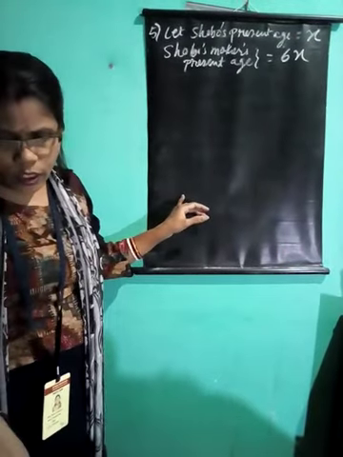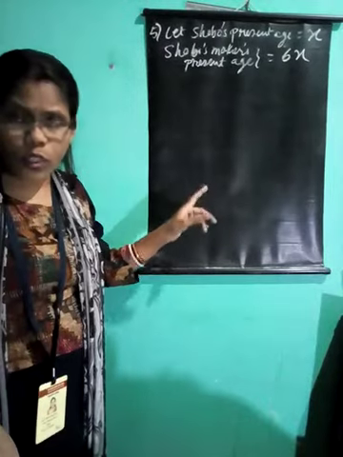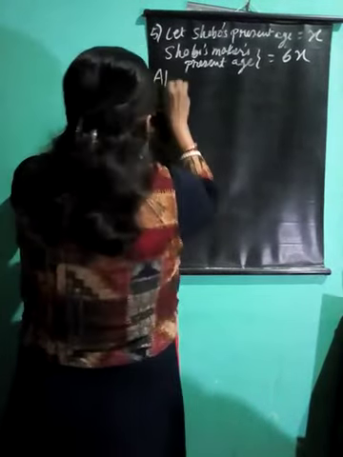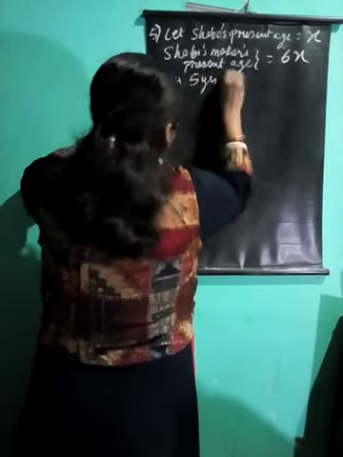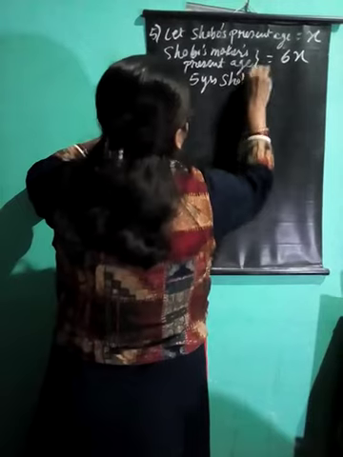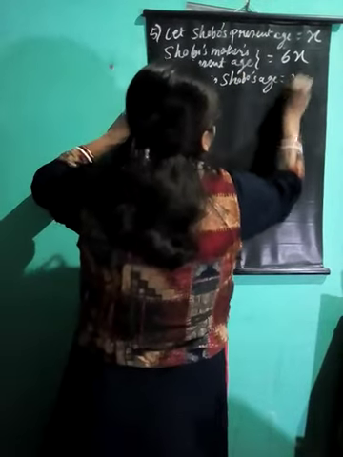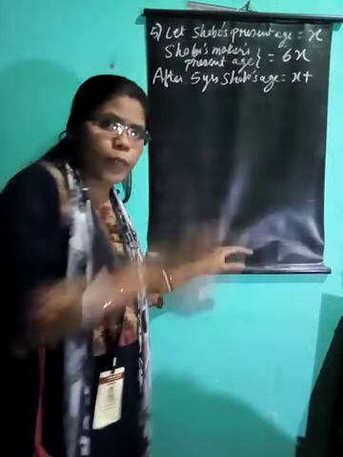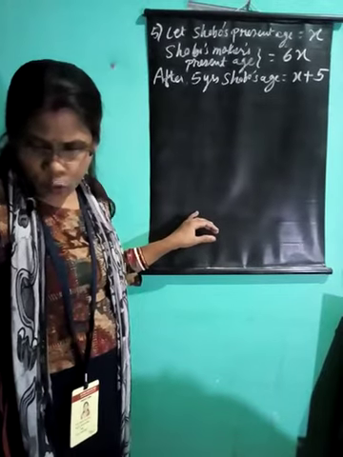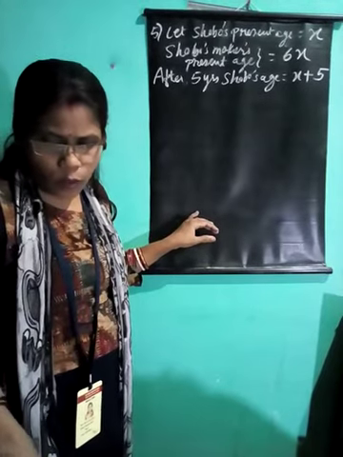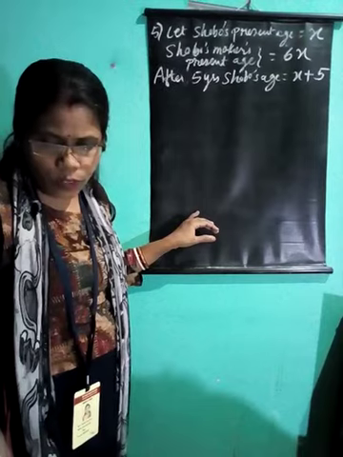Now, what is given? Shubhu's age 5 years from now. Shubhu's age 5 years from now means after 5 years Shubhu's age. After 5 years, Shubhu's age is how much? I told you, when it is after, it should be added, and when it is ago, it should be minus. So it is after, so you will be adding x plus 5. Then, what is said here? Shubhu's age 5 years from now will be 1/3 of his mother's present age.